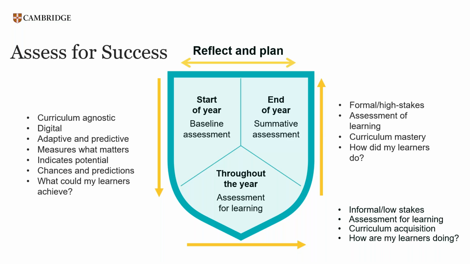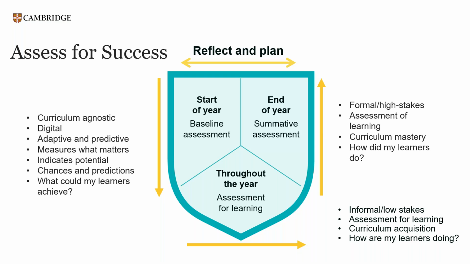So if we look at our cycle here, the assessment year begins with baseline assessment, like our Cambridge Insight baseline assessments, for example, and that gives you a kind of a raw measure of the ability of each of your students, and that helps you to understand what your learners could achieve. And then throughout the year, you'll assess for learning. So how are your learners doing?